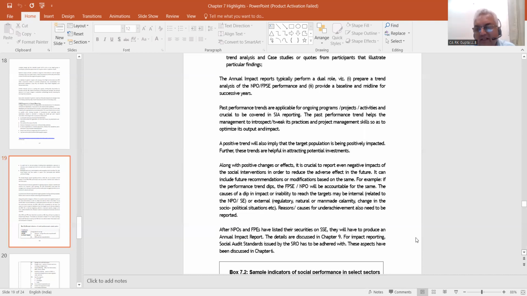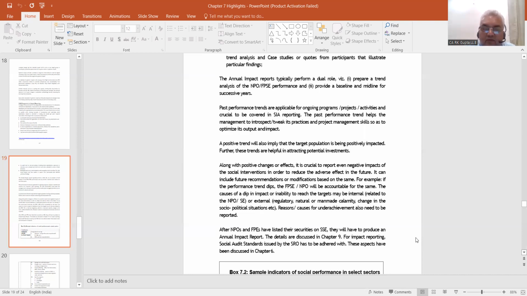Basically, the idea is to improve. Like if a student doesn't perform well in the preliminary tests, so naturally the parents get a signal that okay, he needs improvement. So similar is the thing here basically. So negative impacts also help us in improvement.